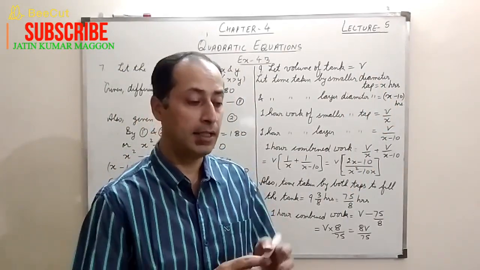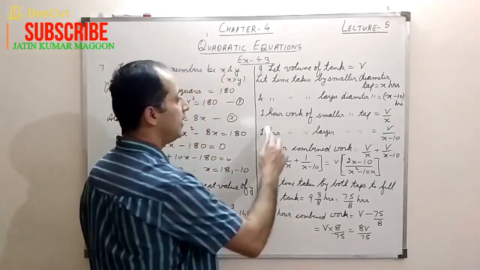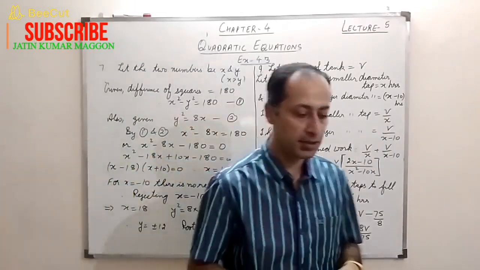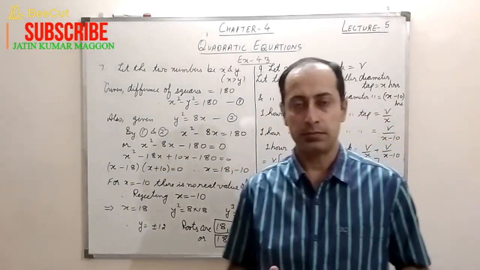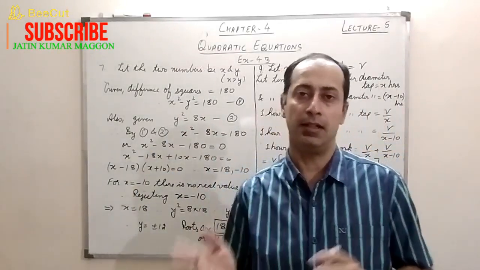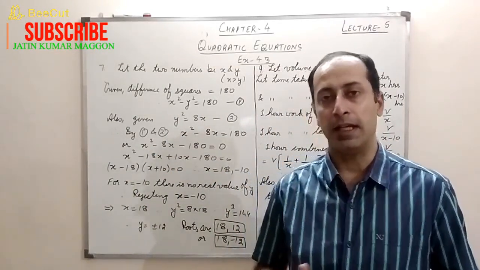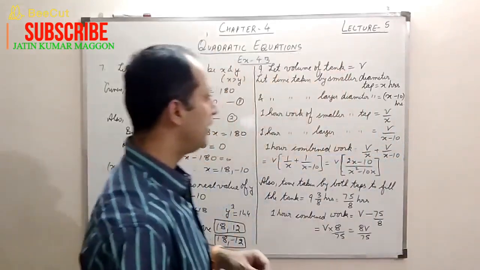So in how much will it fill in 1 hour? In 1 hour it will fill V by x. So I take one more example. Suppose the volume of the tank is 100 meter cube and the time taken by the tap is 10 hours. So in 1 hour how much will it fill? 100 by 10, that is the volume of the tank upon the time. So that will be 10. The same thing I have done here also.